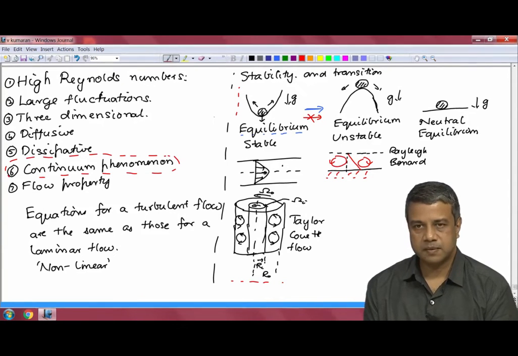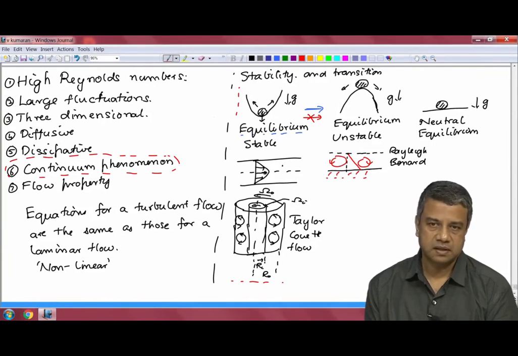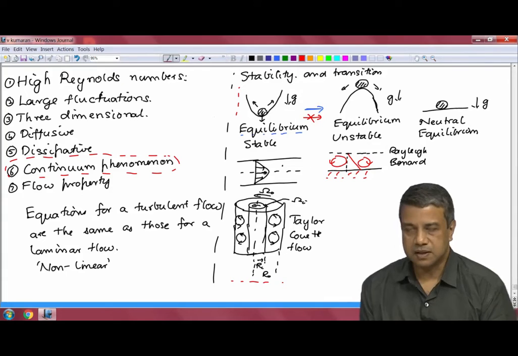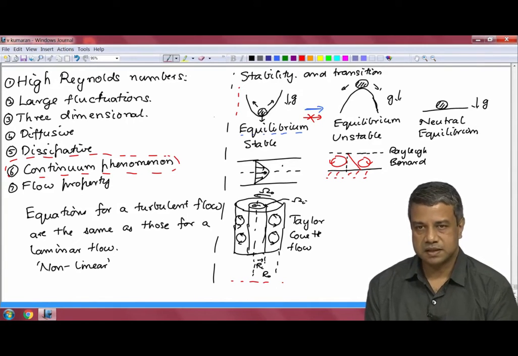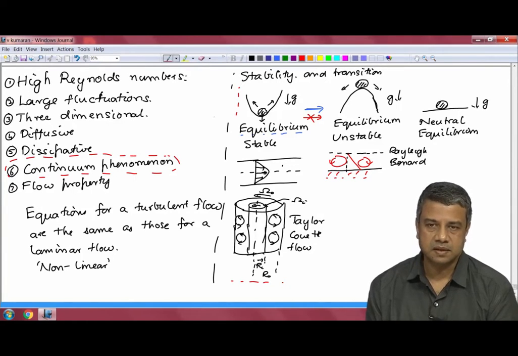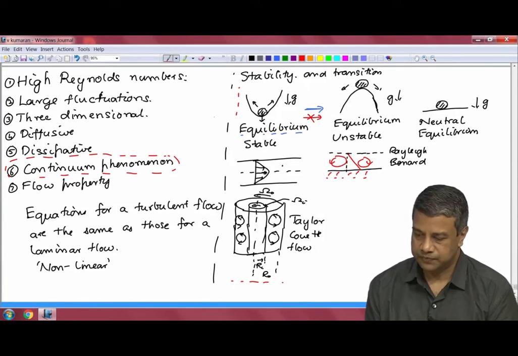And as the parameter, the ratio of inertia and viscosity, or in the case of natural convection, the Rayleigh number, is increased, the system undergoes multiple transitions until it becomes a completely turbulent flow.